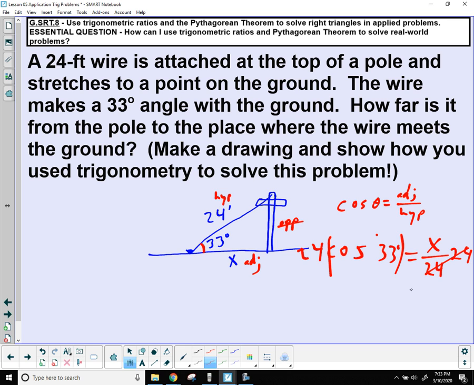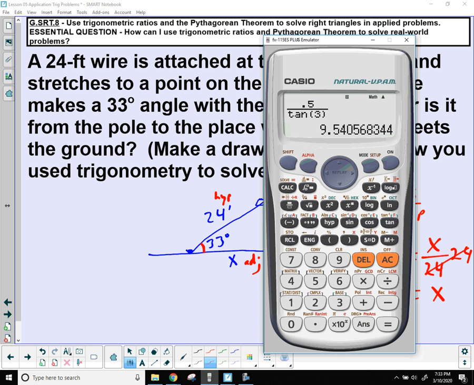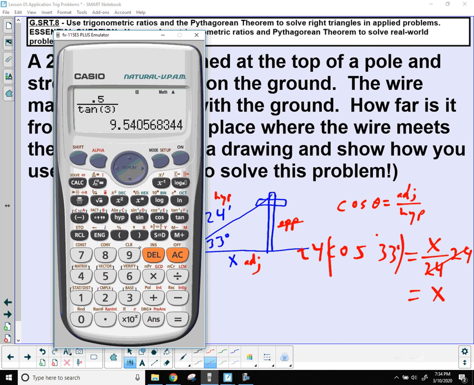So grab your handy dandy calculator, and you're going to want to go 24, parentheses, cosine 33, parentheses.